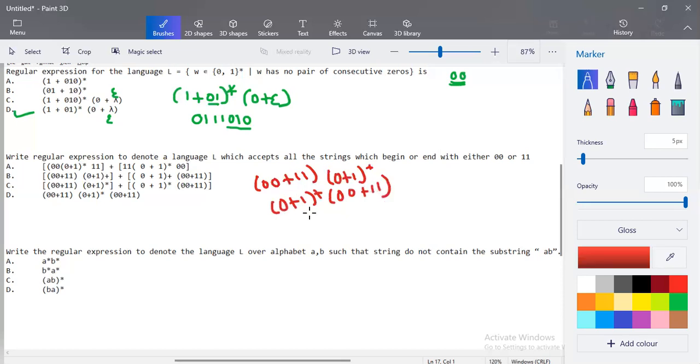So here this portion is made as plus. It means that mandatorily it has to have either 0 or 1, at least one 0 or 1. And here also it is at least one 0 or 1. But our condition doesn't say that anywhere. Okay, and it also says that it has to exactly begin with 0, 0 or 1, 1 or end with 0, 0 or 1, 1.